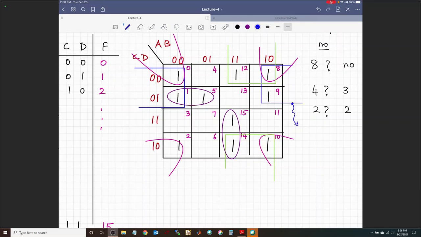B is 0 and C is 0. So that would be B complement and C complement. Others are changing, so we don't need to worry about that. Next, pink one. 4 corners. B is 0 and D is 0. So we have got B complement and D complement in that case.